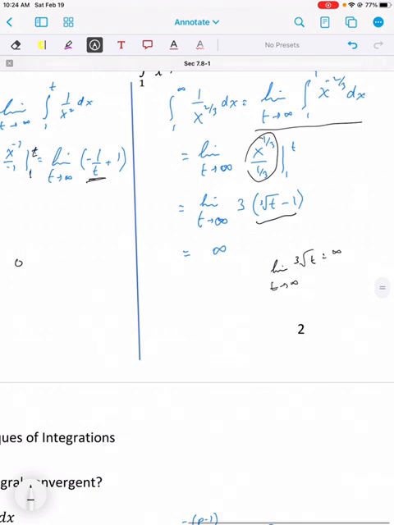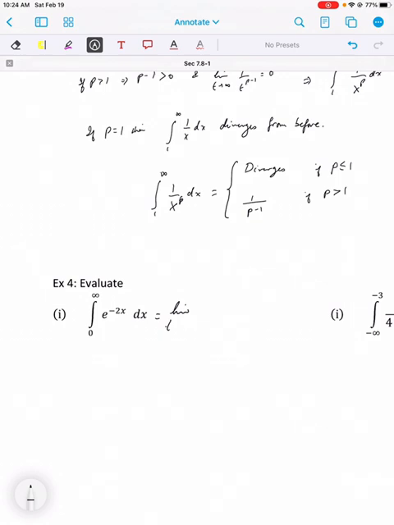Now it's your choice if you want to continue like this, but I would recommend that you first find the integral, because in some cases you will have to use integration by parts, or sometimes even partial fractions, sometimes some substitution. So keeping all things together becomes kind of cumbersome. So we will first integrate the function, and then we can apply the upper and lower limits of integration, and then take the limit as t goes to infinity.